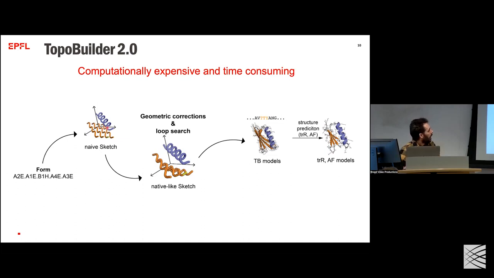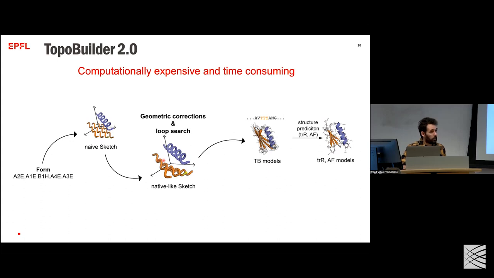So what we thought, and this was already a few years back, was: can we somehow make these sketches more native-like, so that when we go to the sequence search stage, we can actually generate good sequences? That's basically a simple principle. The way we did this, we used a lot of the tools developed by Gevorg Grigoryan and the MASTER searches.